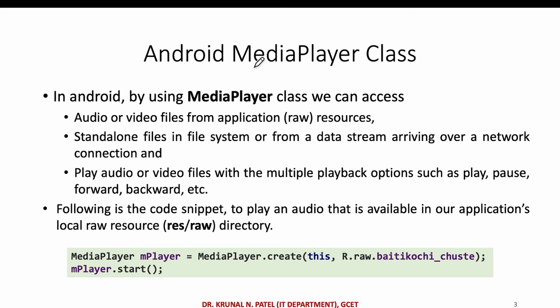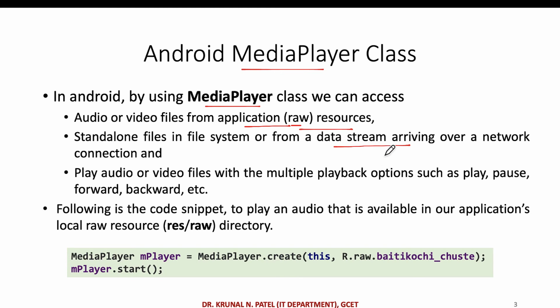Now let's understand about the media player class. So in Android, by using media player class, we can access the audio or video file from the application resources, right? So here in this Android application, you have to create one raw folder, and you have to copy paste all the media files within this raw folder. Then standalone files in the file system, or from a data stream arriving over a network connection.